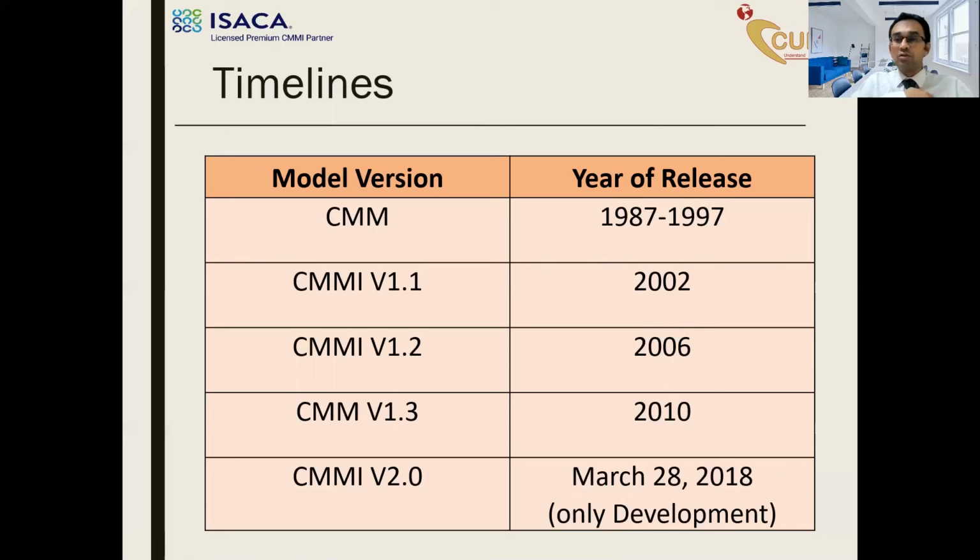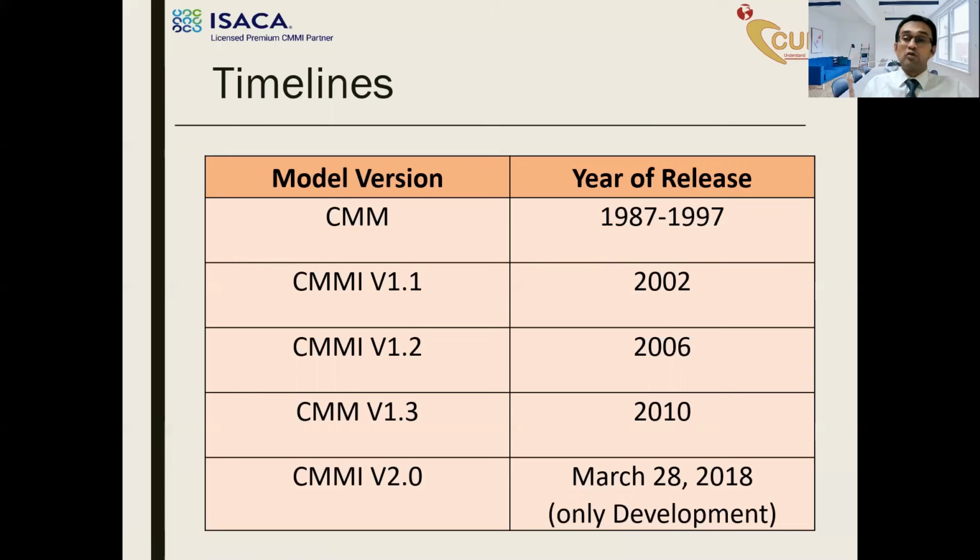It's like a whole new baseline benchmark version. And this came into the picture on March 28, 2018, but that's specific to development. Later on, of course, we have services and other things added to this whole model because it's now to be called a suite. It's more like a bundle of a lot of modules.